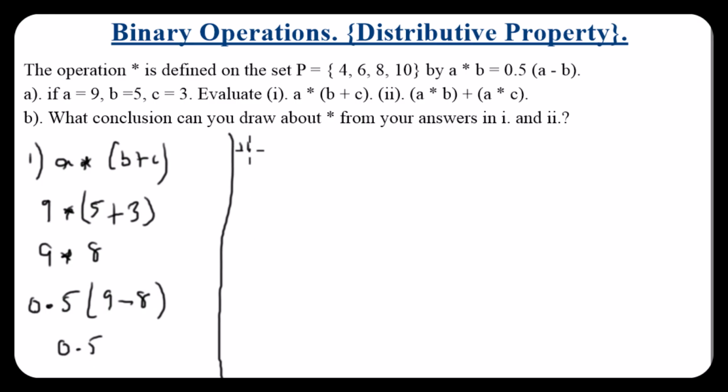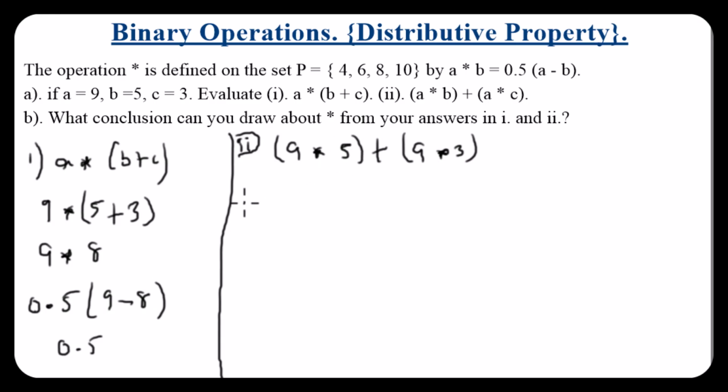All right, so for the Roman figure 2 part, we're asked to evaluate A star B plus A star C. So what is A star B? Again, my A is 9, so I have 9 star 5 plus, again, 9 star 3. Doing the same thing, what does 9 star 5 give me?